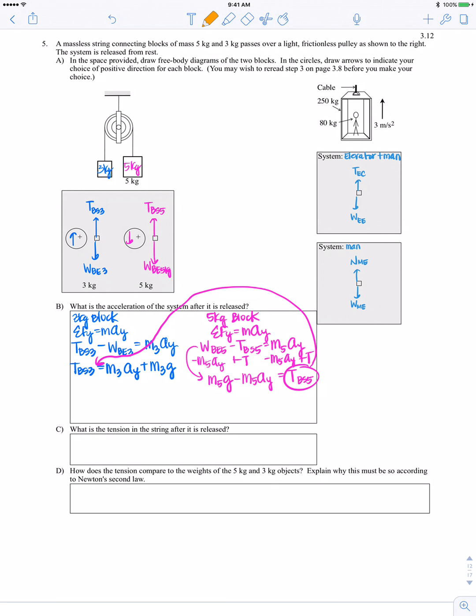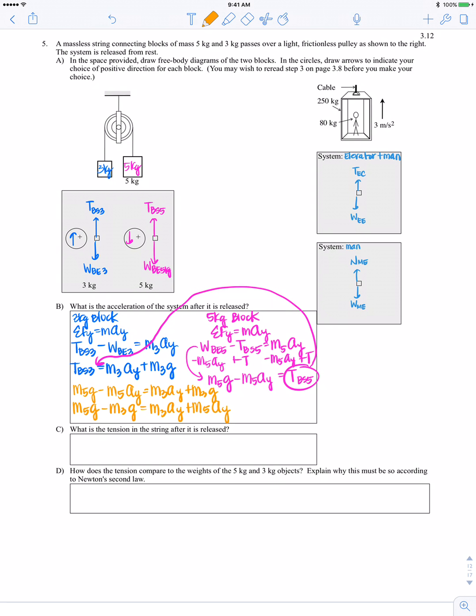Once I plug it in, I have M5 g minus M5 A_y equals M3 A_y plus M3 g. I'll put the accelerations on the same side and move the mg's to the same side. Then I have M5 g minus M3 g equals M3 A_y plus M5 A_y.